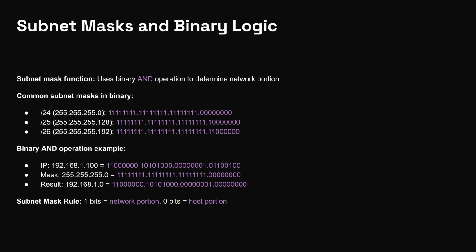So that's the subnet mask that we're referencing there. The subnet mask is also represented by 32 bits. It also has 8 bits per octet, and it can go up from 0.0.0.0 to 255.255.255.255.